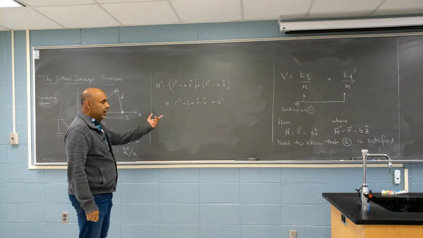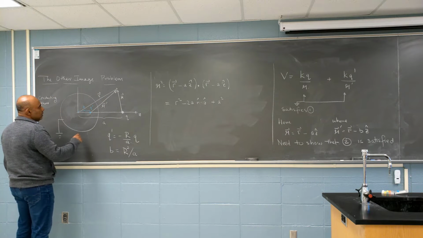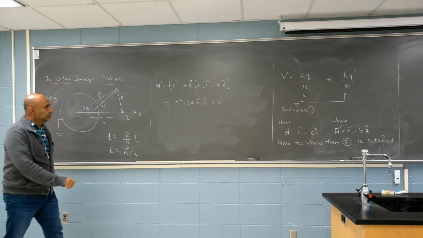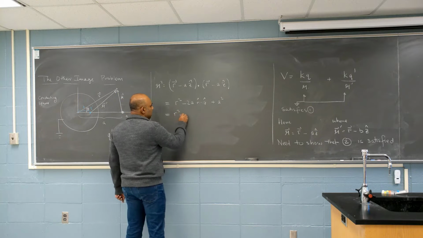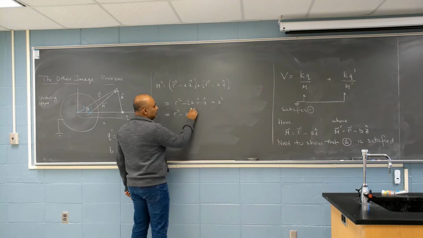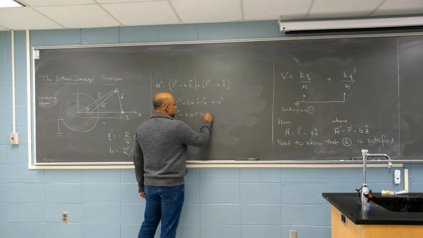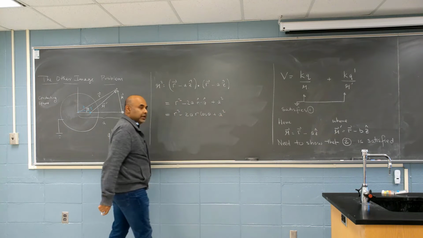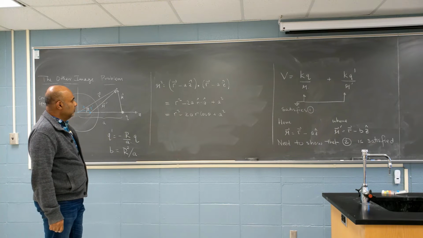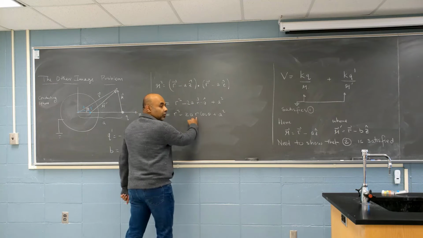Correct? But R hat dot Z hat is exactly cosine theta, where this angle is theta. So this is R squared minus 2A R cosine theta plus A squared. And that's why there's R over here.